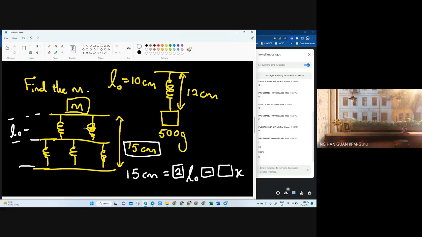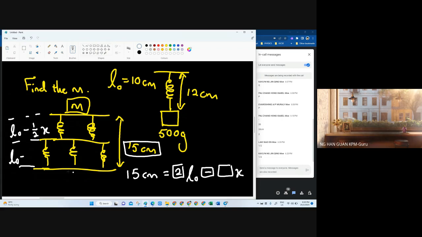When the 2 springs are arranged in parallel, how much is the extension? Right, it's only half. So that's why here we get half extension, minus half x. This is label 1. Label 2, also the original length minus how many extensions?